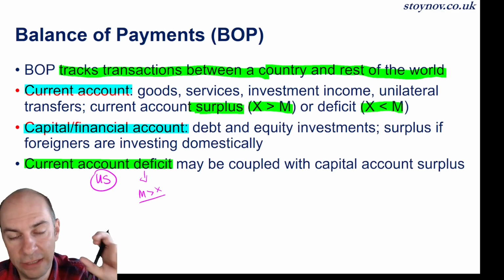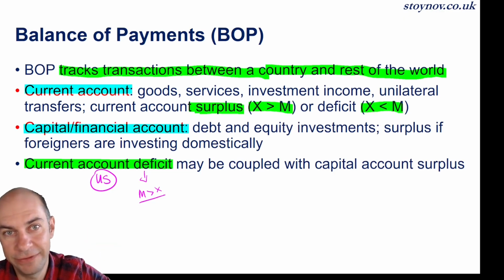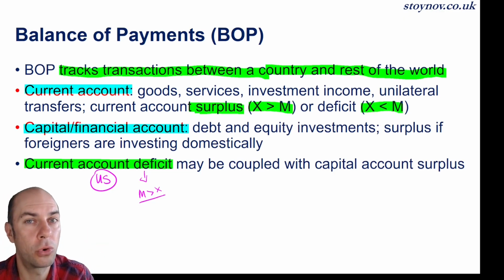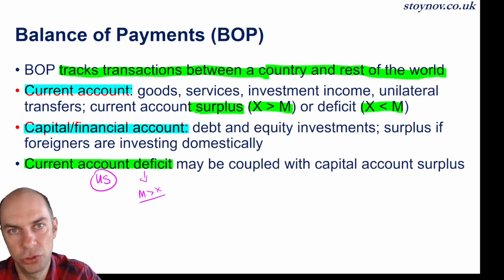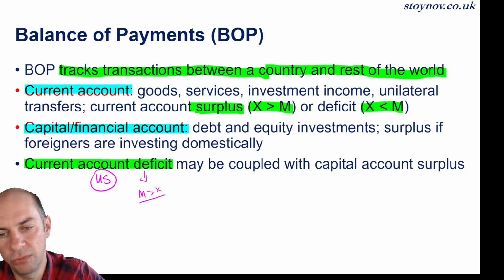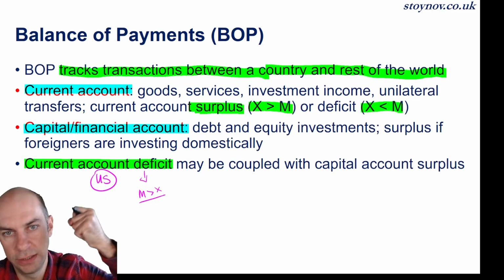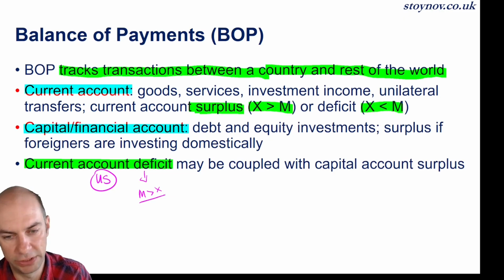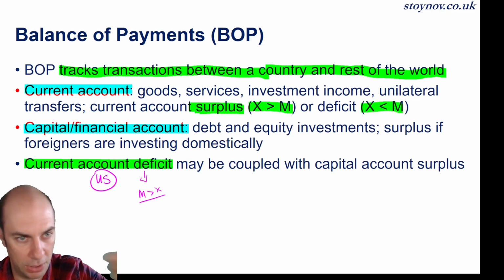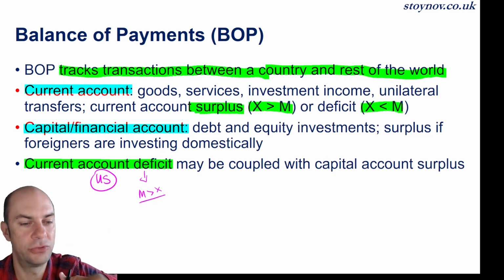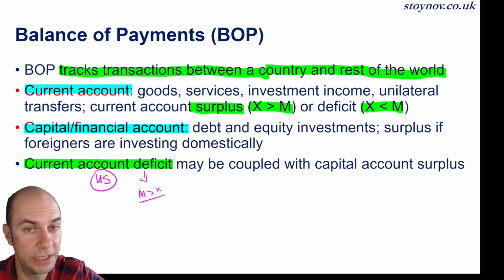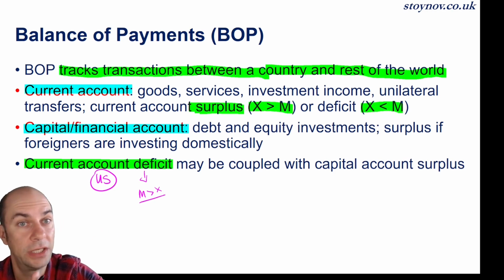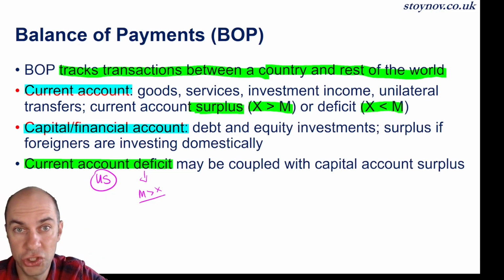So if I'm running a current account deficit, I must be borrowing from foreigners, or the foreigners must be lending to me. And how are they going to do that? Well, they're going to do that by buying my debt and my equity. For example, think about the counterpart, which could be China. The US is running a current account deficit vis-a-vis China, and China is running a current account surplus.